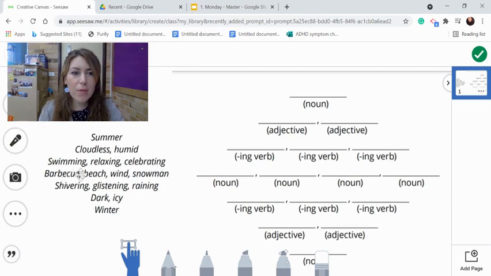And then you will notice on this fourth line, the first two nouns relate to your first topic, and the second two nouns relate to your second topic. So if you have a look, barbecue and beach both relate to summer, and wind and snowman both relate to winter. So the top half of the diamond is about the first topic, and the bottom half of the diamond is about the second topic.